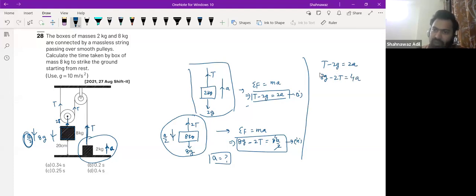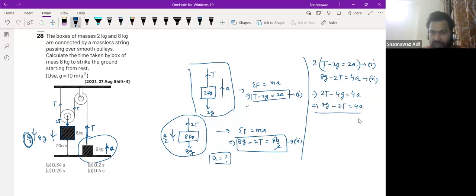Now I have to get rid of T, so I will multiply this equation by 2. So this would become 2T minus 4g equals 4a, and then we have 8g minus 2T equals 4a. So now we will add these two equations, right? This is, let's say, equation third, and this is equation second.